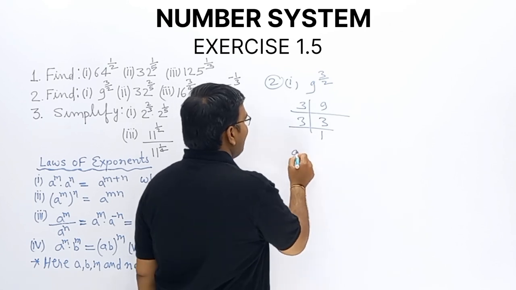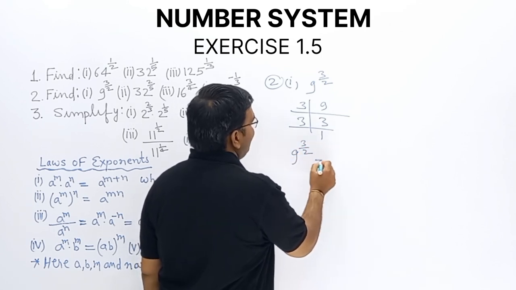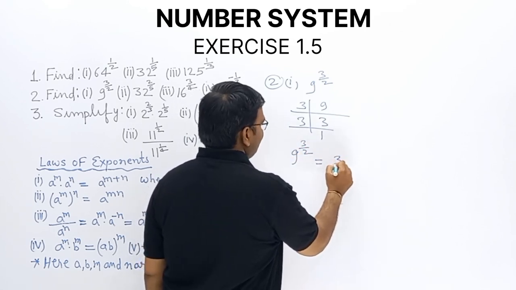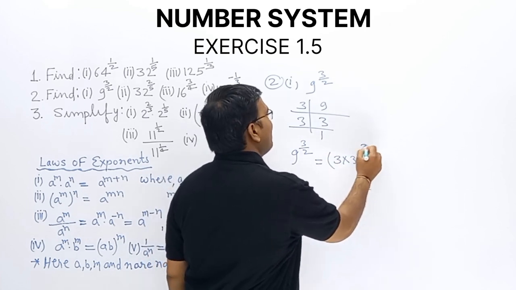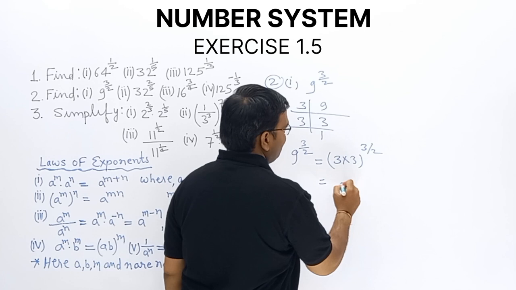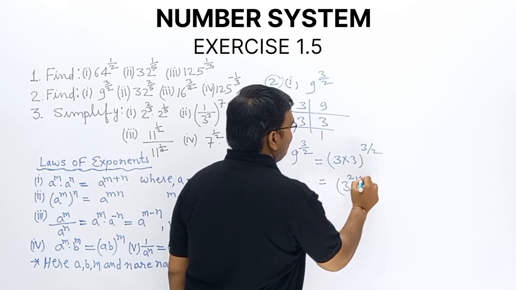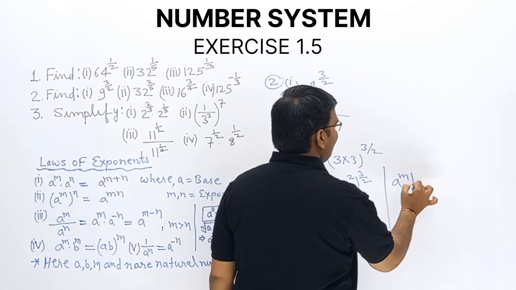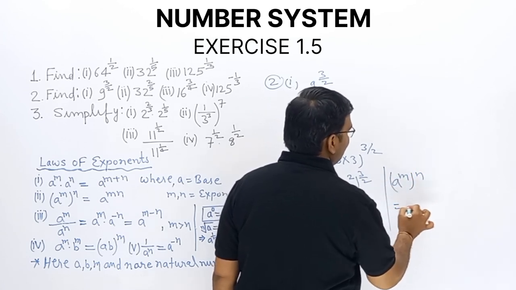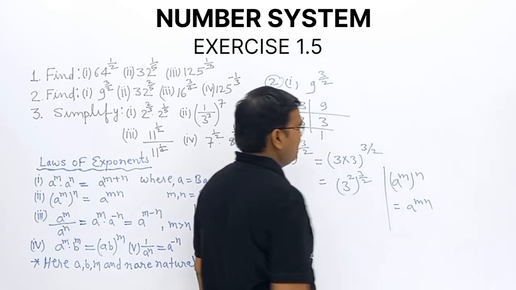1. So 9 power 3 by 2, what are the factors? 3 into 3, which is 9, and whole power 3 by 2. It can be written as 3 square whole power 3 by 2. Now apply this formula: a power m whole power n can be written as a power mn.